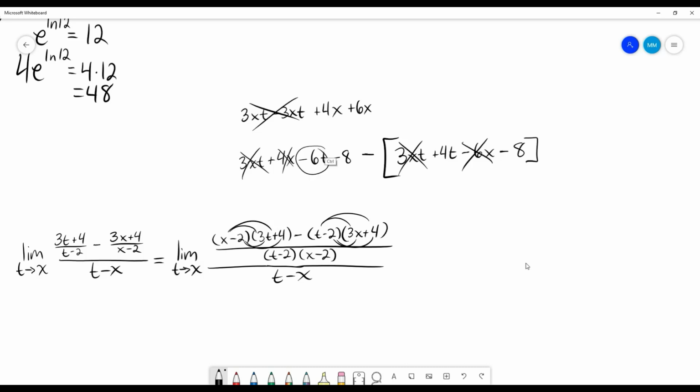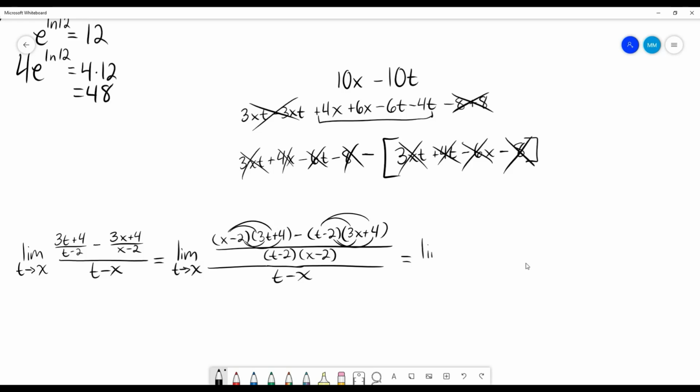And then I've got minus 6t minus positive 4t, and then minus 8 minus a negative 8, so it's going to be minus 8, it's plus an 8, so those cancel out. So now we've just got these terms, so I combine that, that's a 10x minus a 10t. So I'm going to rewrite our limit now to show that.